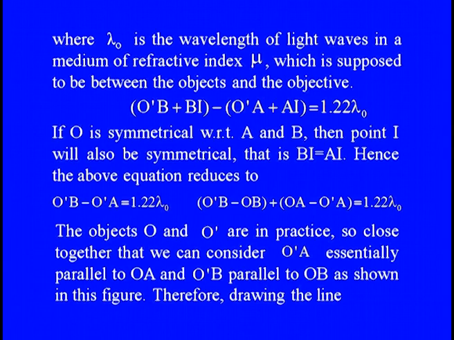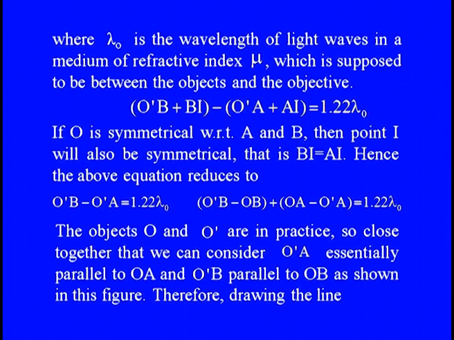Now, this condition we can also write as O prime B plus BI minus O prime A plus AI equal to 1.22 lambda. If O is symmetrical with respect to A and B, then point I will also be symmetrical, that is BI will be equal to AI.